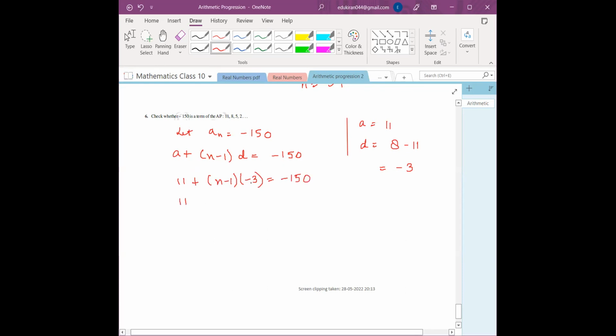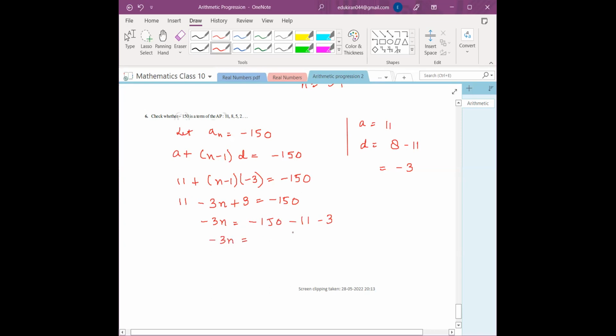So 11 and then this minus 3 will come here. So minus 3n plus 3 is minus 150. Now minus 3n is equal to minus 150, then minus 11 and minus 3.